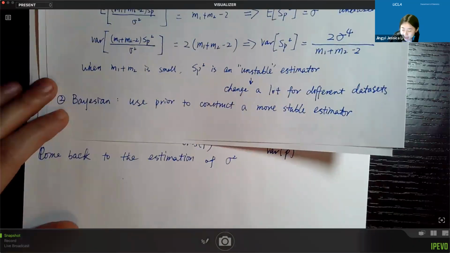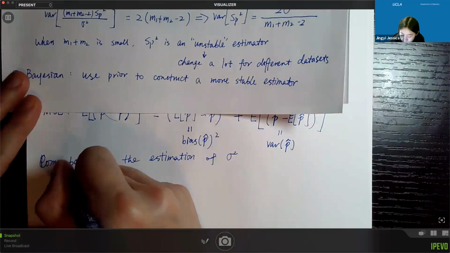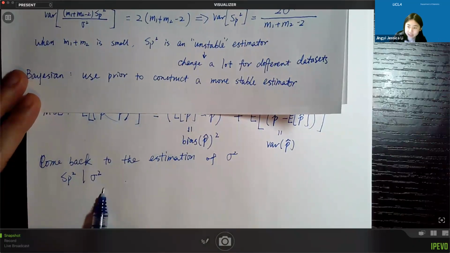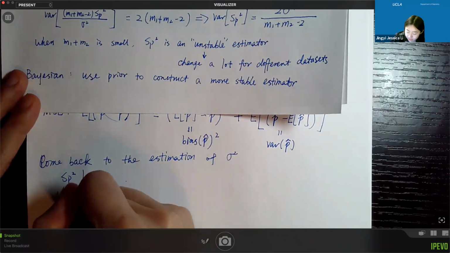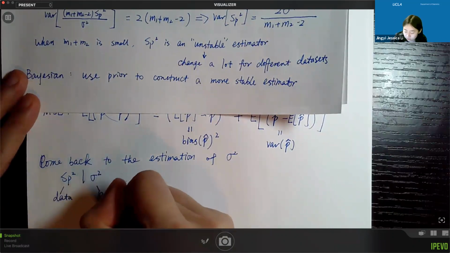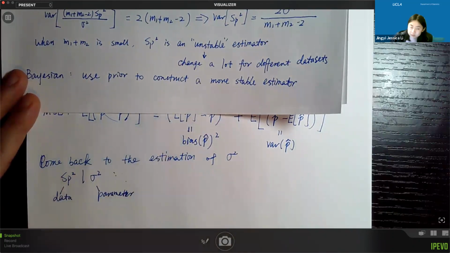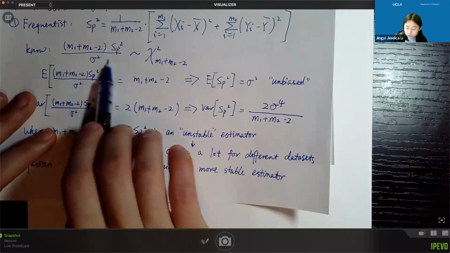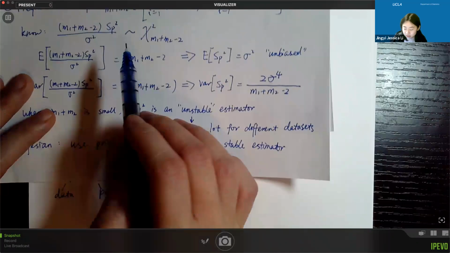We already have the distribution of S_p squared given sigma squared. We know this from our data, and sigma squared is the parameter of our interest. We know this from the chi-square property from here. So this is essentially the distribution of S_p squared given sigma squared.